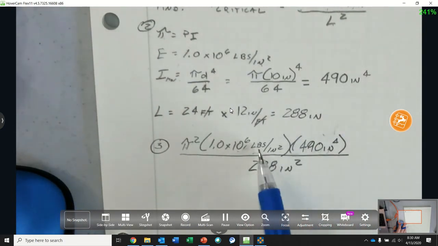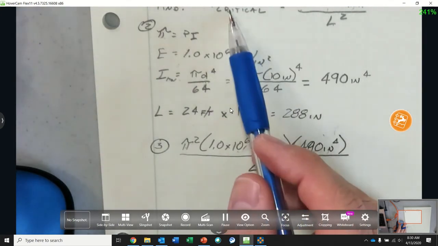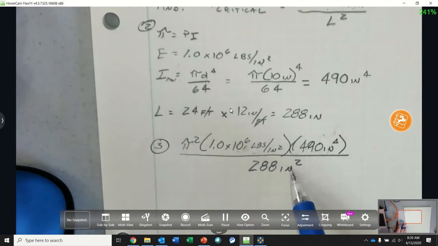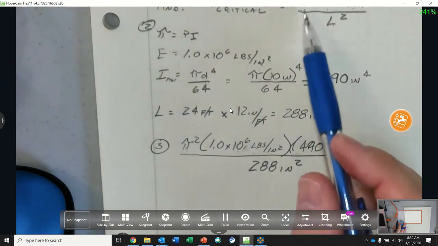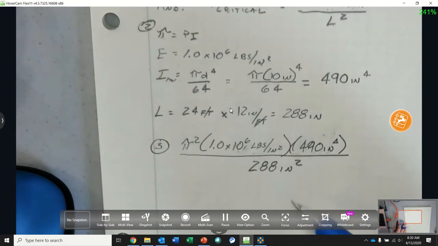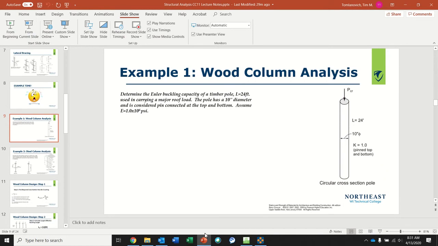So if I look here, I am looking for a P, which is a load in pounds. So pi squared times E times I. Everything cancels out, and we end up with, let me make sure I have the right equation here. I'm not missing something.